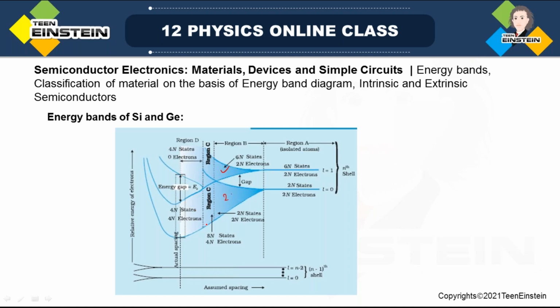But in this case, even at very small atomic spacing, there will be two bands, an upper band and a lower band. These are truly called the valence band and the conduction band. And these bands will each have 4n available energy states. Both the bands will consist of 4n energy states.